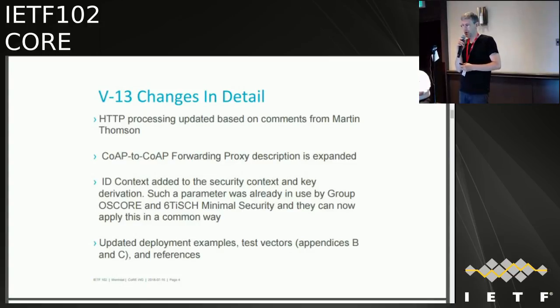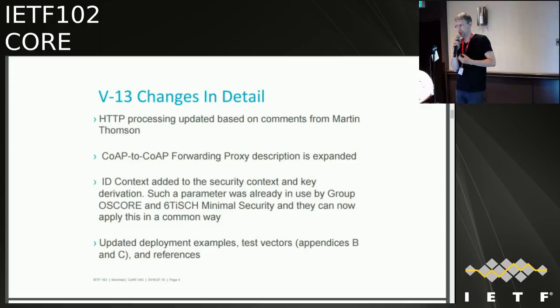We added one new parameter to the security context. It's called ID context, and it's also added to the key derivation. This parameter already existed as a message field that was transported in an OSCORE message. So we transport context information, which is used by the server to decide to retrieve the security context.